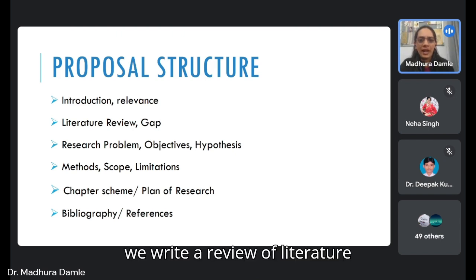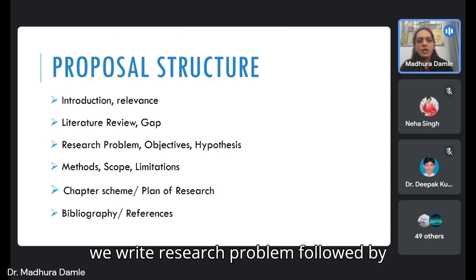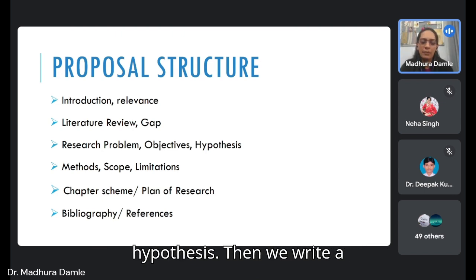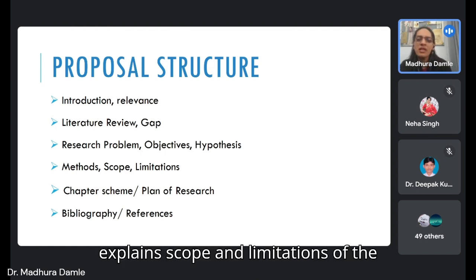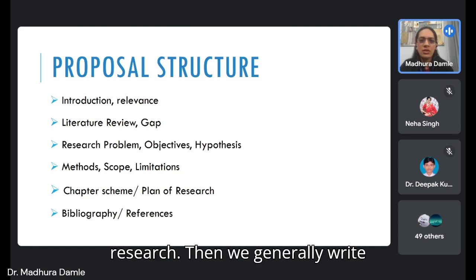Then we write a review of literature explaining the research gap. Then we write research problem followed by research objectives and hypothesis. Then we write a section on research methods, which also explains scope and limitations of the research.